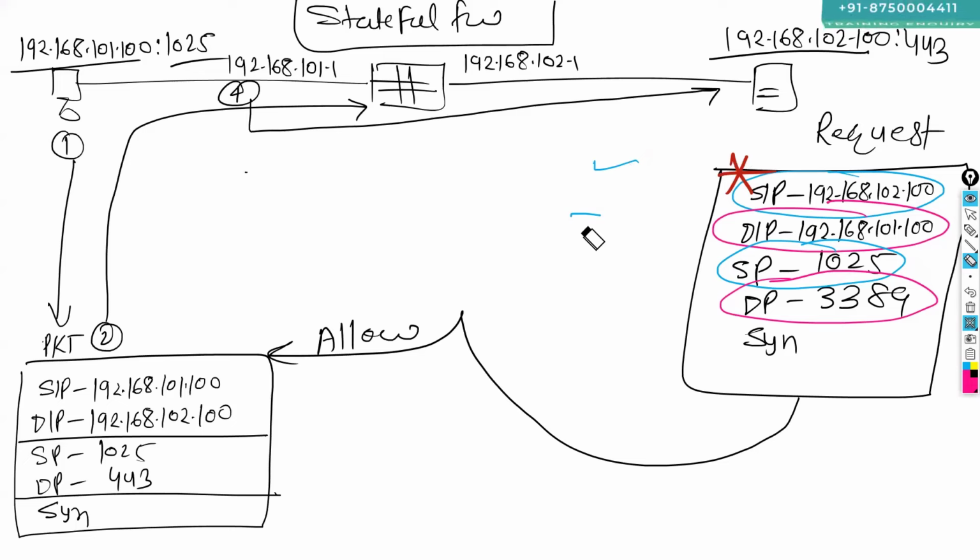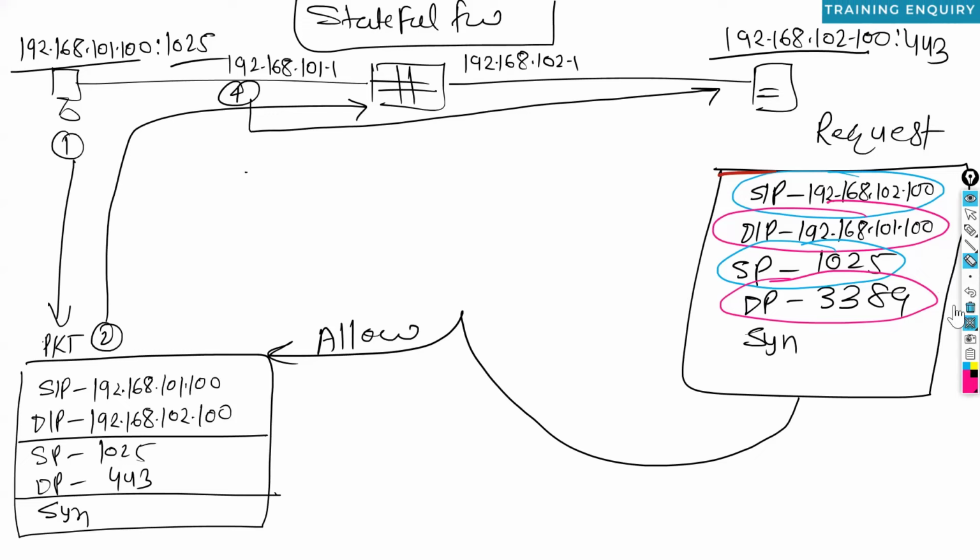And this request can also go inside. Clear? Okay, so it means in a stateless firewall, it directly checks if the rule allows or denies the packet, and then directly allows or denies it.